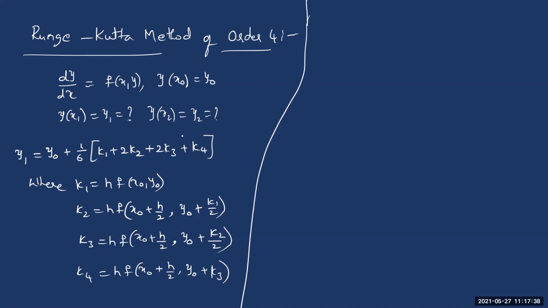Similarly, to calculate y2, we need to use its corresponding previous values, x1, y1. So the same formula, we write in terms of x1, y1. So y2 can be written like this: y1 plus 1 by 6 times k1 plus 2k2 plus 2k3 plus k4.